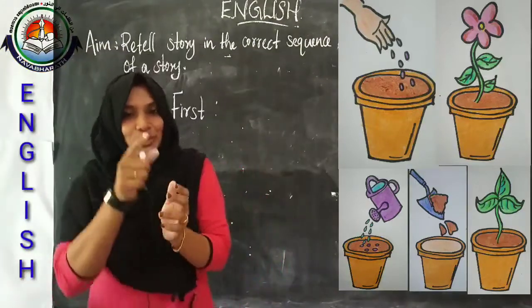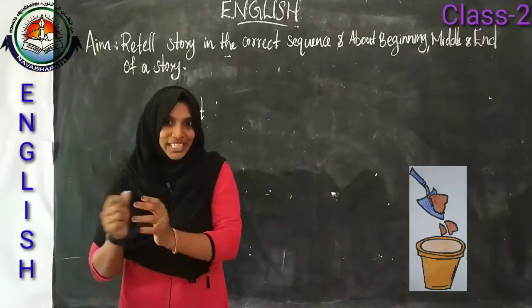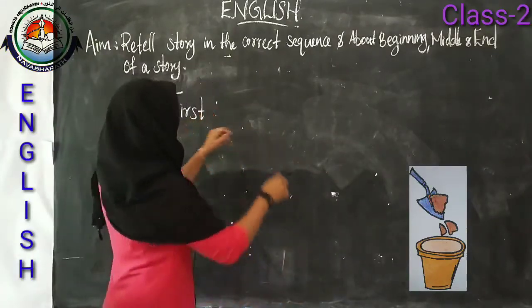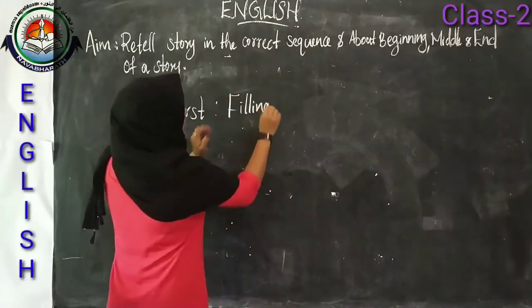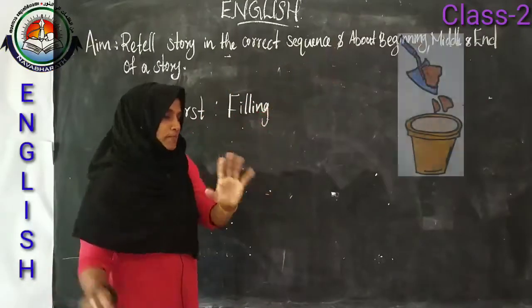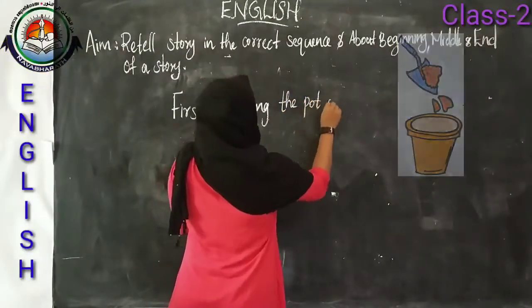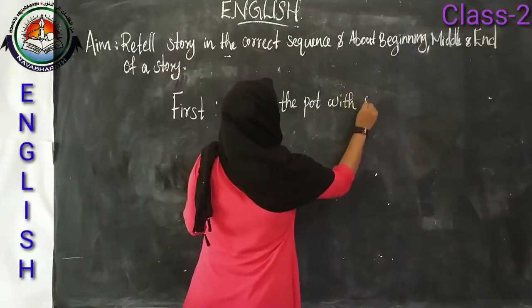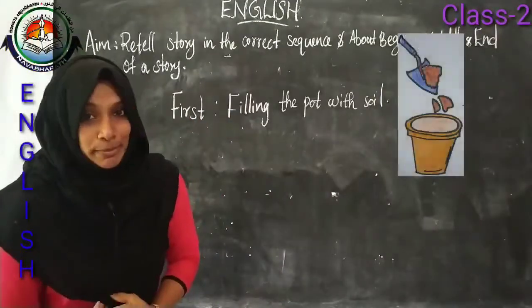Yes, sure, you are right. It is filling that pot with soil. First, we have to fill that pot with some soil. So, filling the pot with soil. This is step number 1.